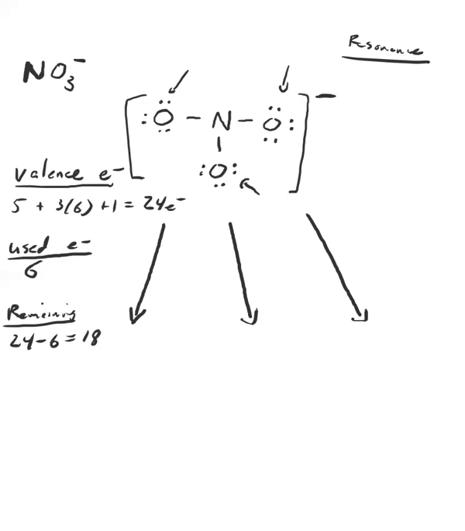So one possibility, I'm going to number these with Roman numerals just so that we use a notation that books often use. 1, 2, 3. So the first one is the case where one of the lone pairs from this left oxygen is pushed over to form a second bond.